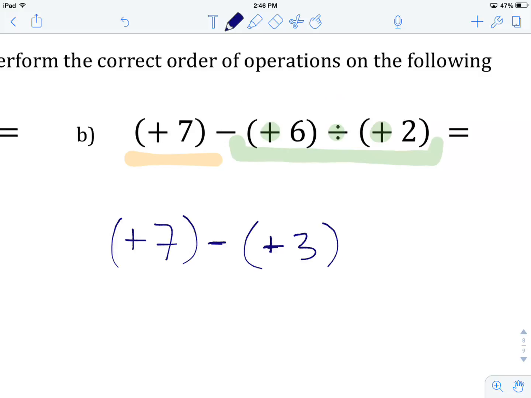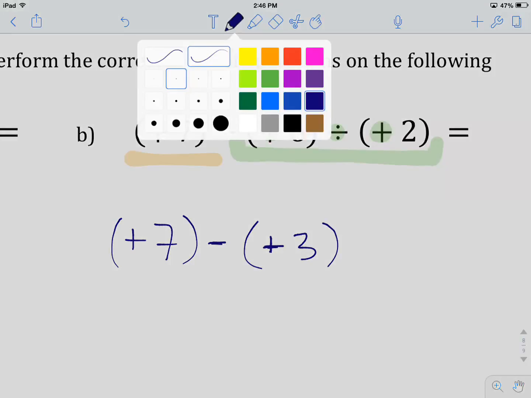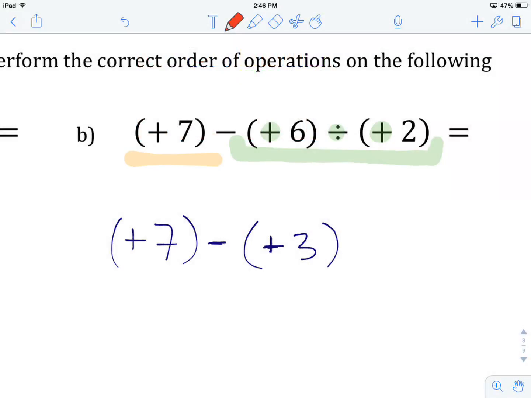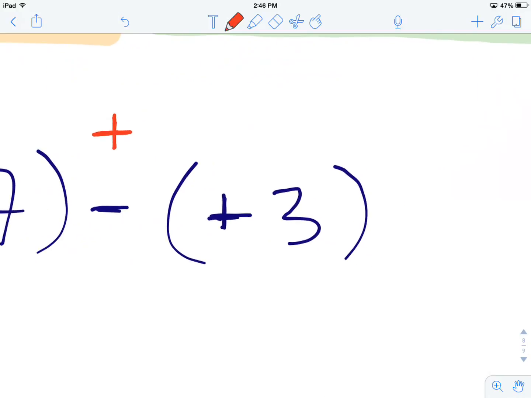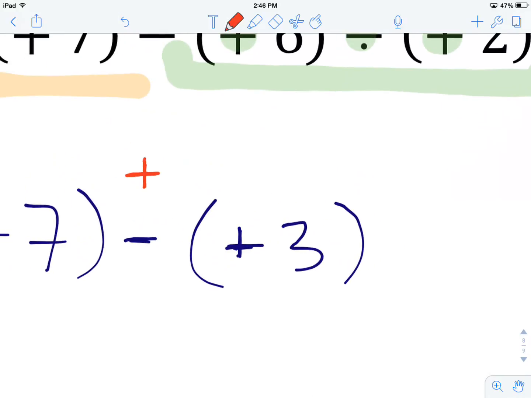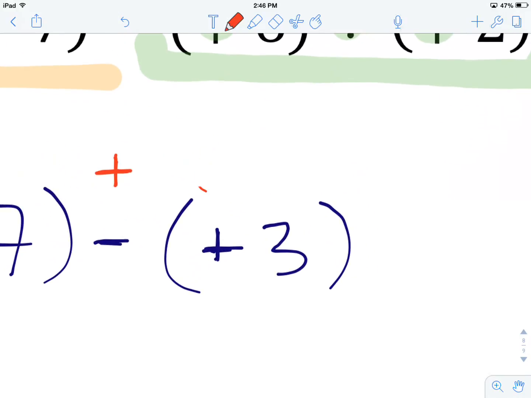This is looking good. We're now going to move on to addition and subtraction, but we want to be combining using addition, and this one's got subtraction in it. So what I'd like to do is change subtraction to addition, but I also have to change the sign of the integer that comes after it. So that's going to be a negative 3 now.